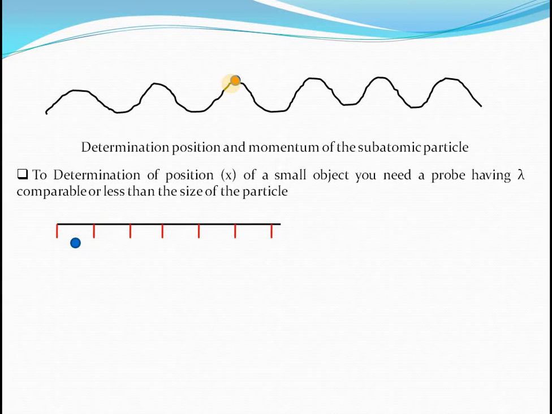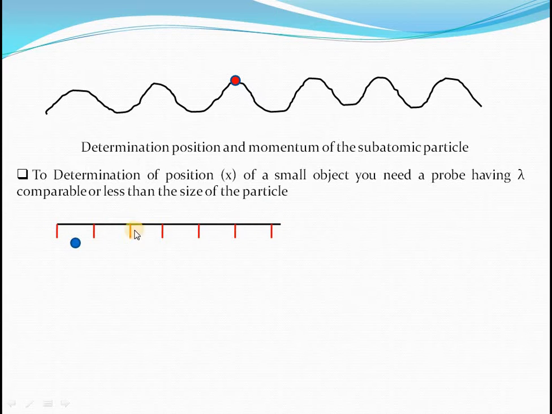Now if we want to determine the position of a small object, you need a probe whose wavelength should be comparable to or less than the size of this particle. So why is this so? Let's understand from a very simple model. Suppose we want to determine the size of this particle using this ruler.